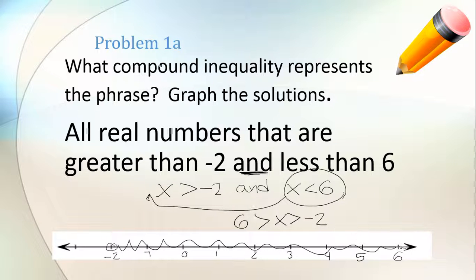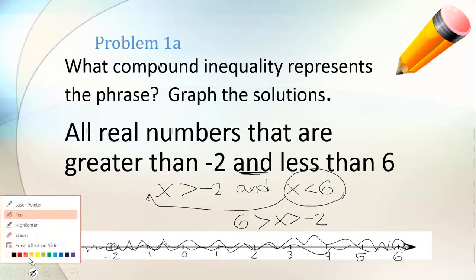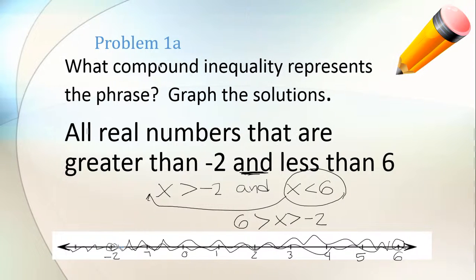So I need to have an open dot at 6. And I'm going to shade in this direction. Now, if you notice, my two shades met right in the middle. So normally, when we do an "and" inequality, we're going to have them meet in the middle like this. So an "and" inequality will always have its shading between the two numbers that they gave you.